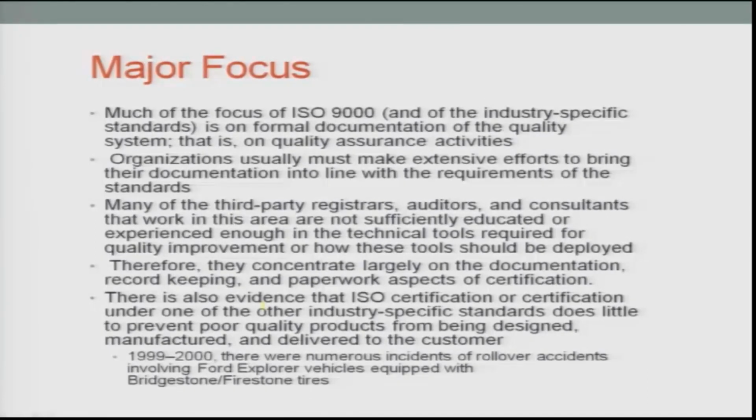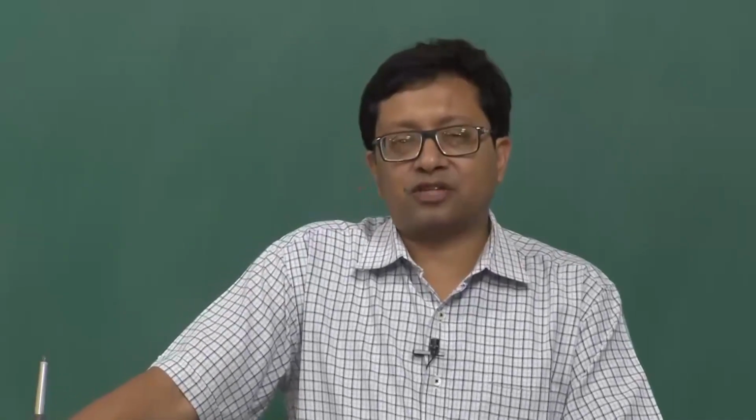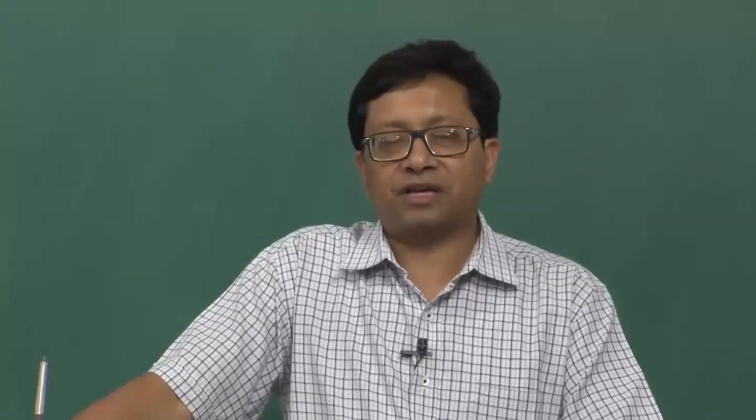There is also evidence that ISO certification, or certification under one of the other industry specific standards, does little to prevent poor quality products from being designed, because it may be possible that the ISO certification concept has been implemented in such a way that poor quality has become part and parcel of the company as such.